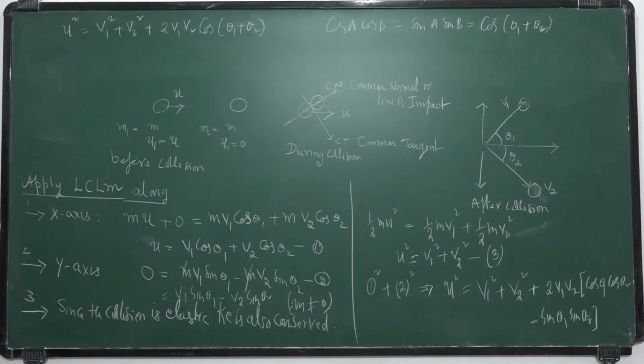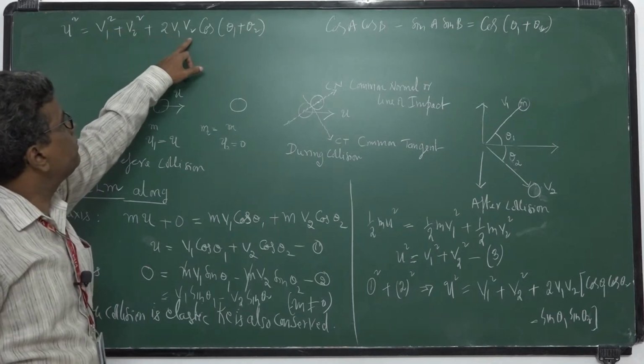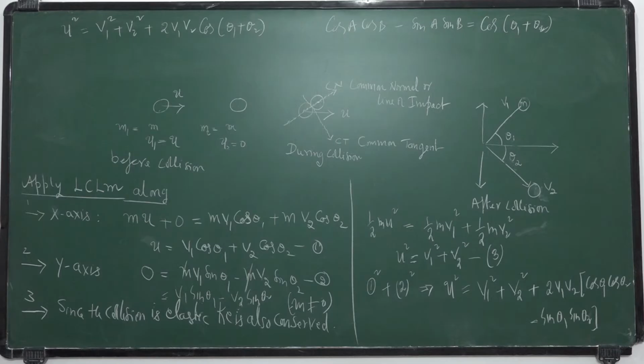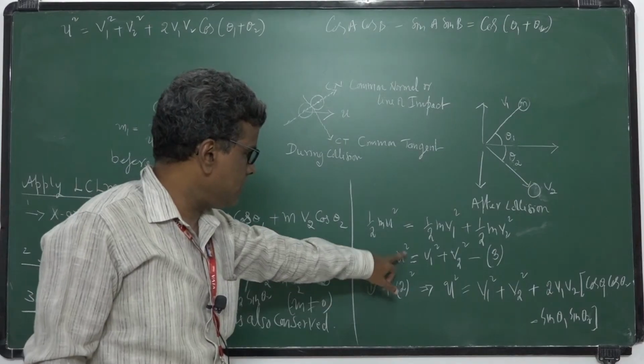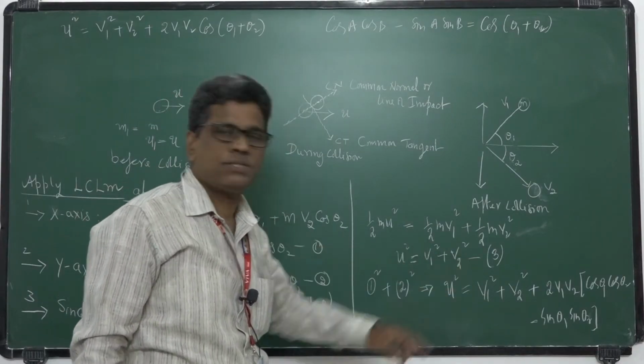So this we can write as u square equals v1 square plus v2 square plus 2 v1 v2 cos of theta 1 plus theta 2. We have to prove that theta 1 plus theta 2 is 90 degrees. From equation 3, I have u square equal to v1 square plus v2 square.